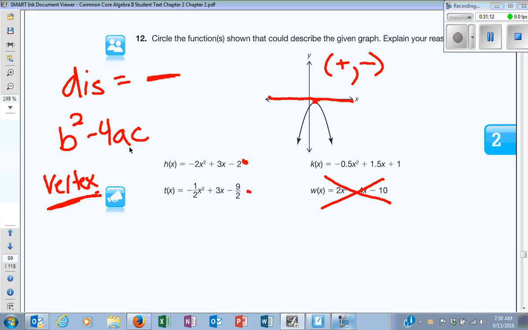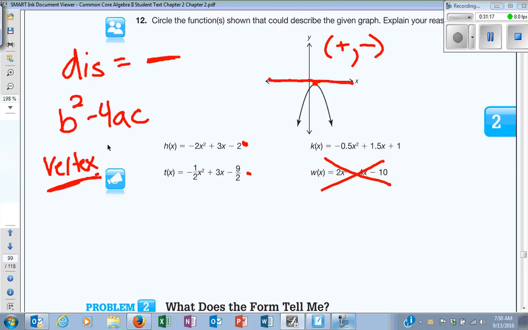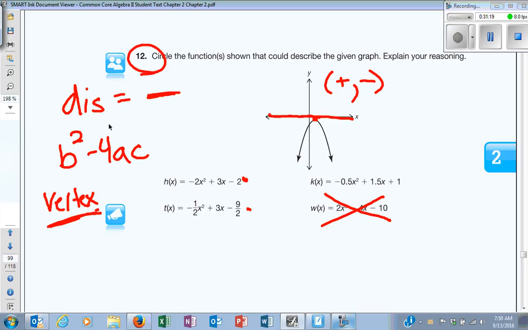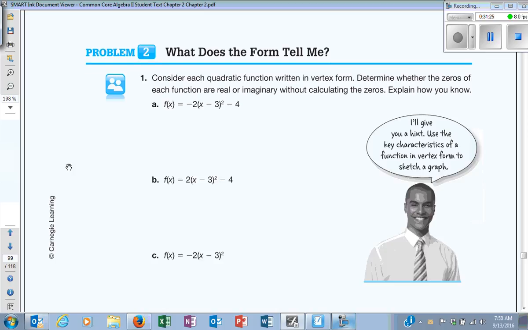Are you following me? So I want you to try that question. I've only done a couple of them. I want you to try this one. Hold on, I'm going to have you try this one for homework.